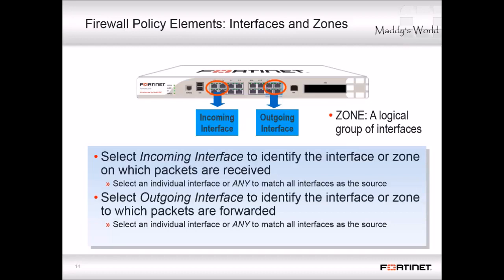Interfaces can also be grouped into logical zones for easier configuration. This does not alter the behavior of packets, so it's not like link aggregation, it's simply a way of grouping together a couple of interfaces for easier configuration. In order to put interfaces into a zone in the first place, there needs to be nothing referencing them. So no firewall policies, VPNs, etc.